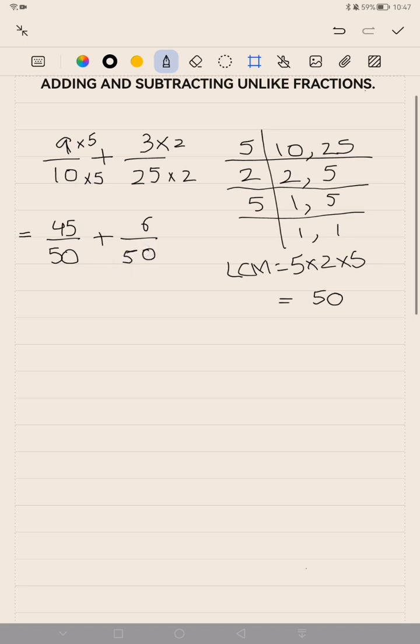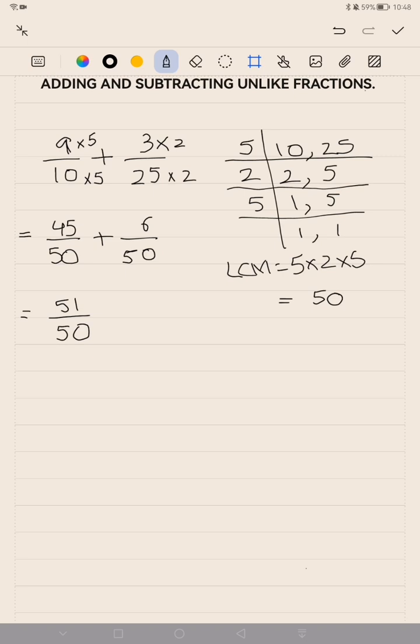Now both the fractions have the same denominator 50, so I can easily add the numerators, 45 and 6. 45 plus 6 is 51, and we will write the denominator once, 50. The denominator will remain the same.